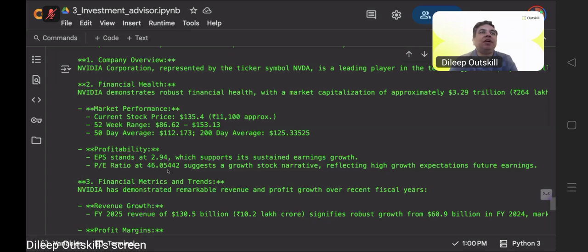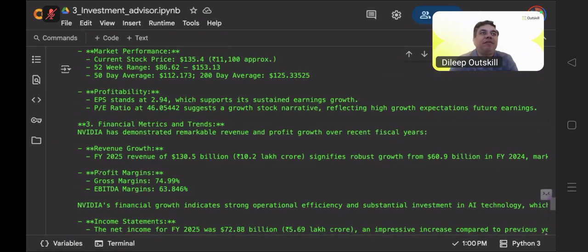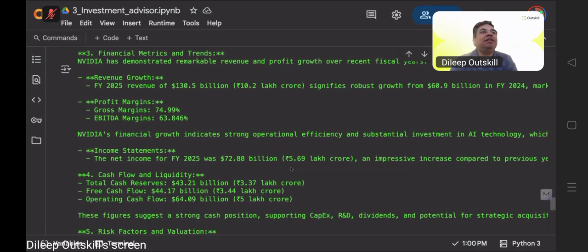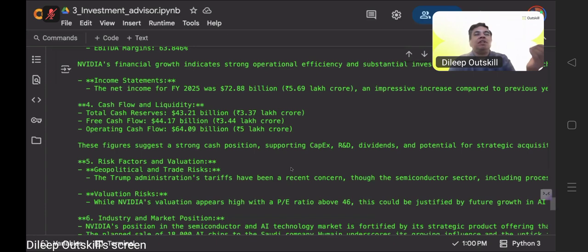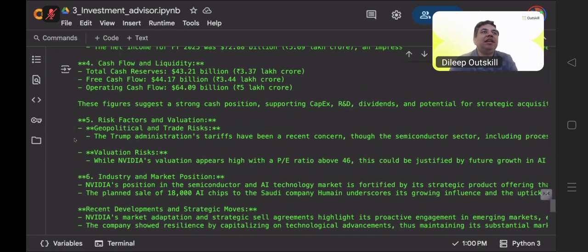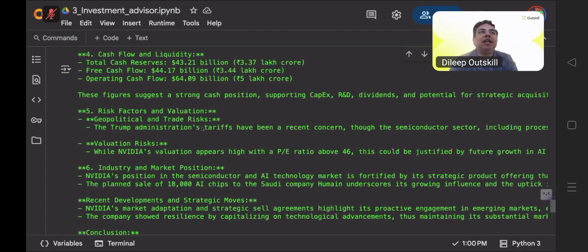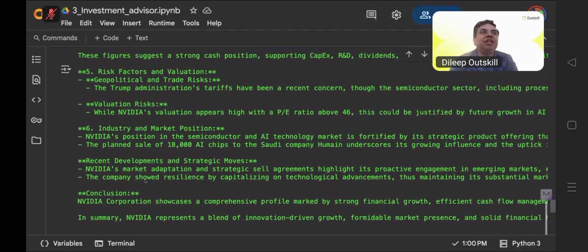PE ratio is 46, which is a growth stock narrative. Then financial metrics, revenue growth, profit margins, income statements, everything we got from the Yahoo Finance API, cash flow and liquidity. Risk factors are geopolitical and trade risk, valuation risk, industry and market positions, and recent developments and strategic moves.